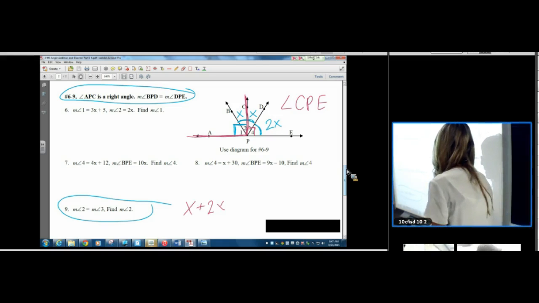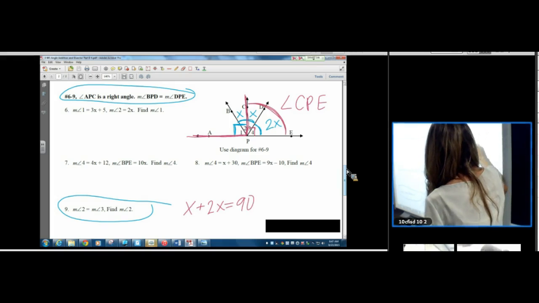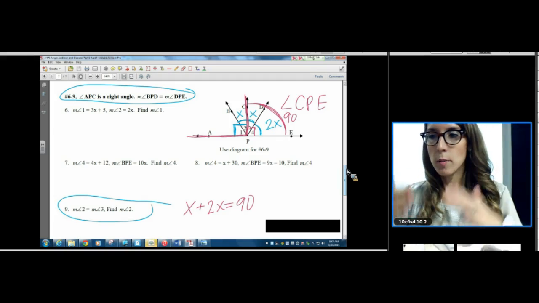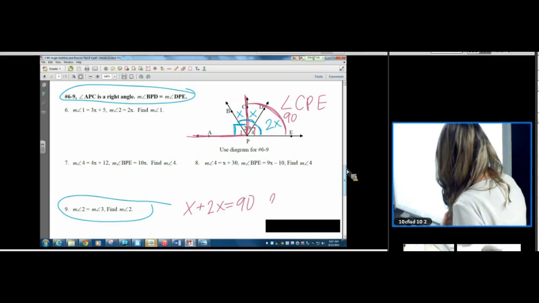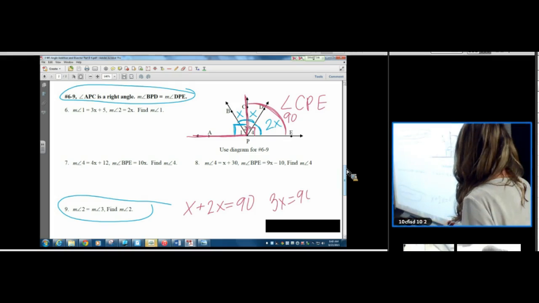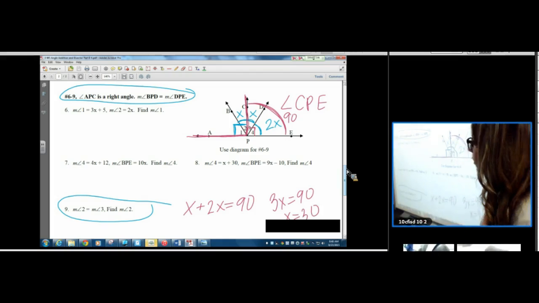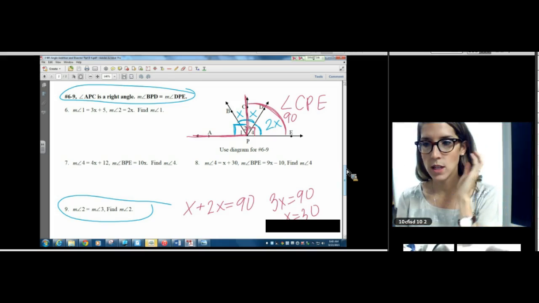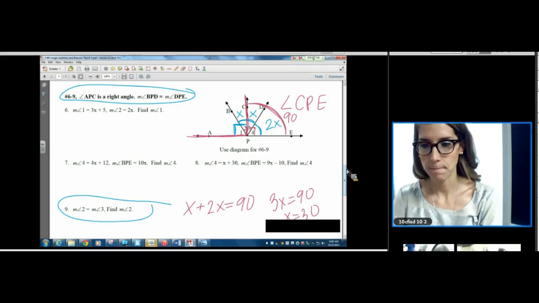X plus 2X equals 90, because this angle right here is a right angle. It's a 90-degree angle. So I'm doing part plus part equals whole. So from there, you can totally do it. 3X equals 90. X is 30. Find the measure of angle 2. Oh, we're already done because I named angle 2 X. And so angle 2 and angle 3 are both 30, and angle 4 is 60.